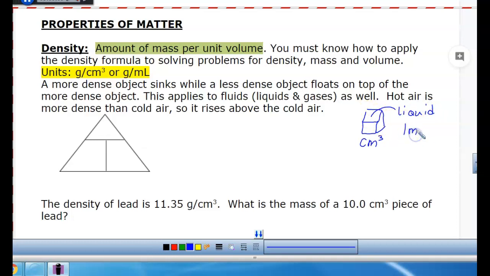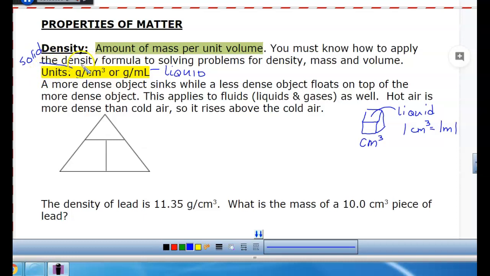So 1 centimeter cubed is going to equal exactly 1 milliliter. So that's why you see those two unit labels. One of the unit labels here, milliliters, we use to represent liquids and densities of liquids. And the other one we use to represent solids. So just keep in mind that we will use different unit labels for different types of matter, liquids and solids.